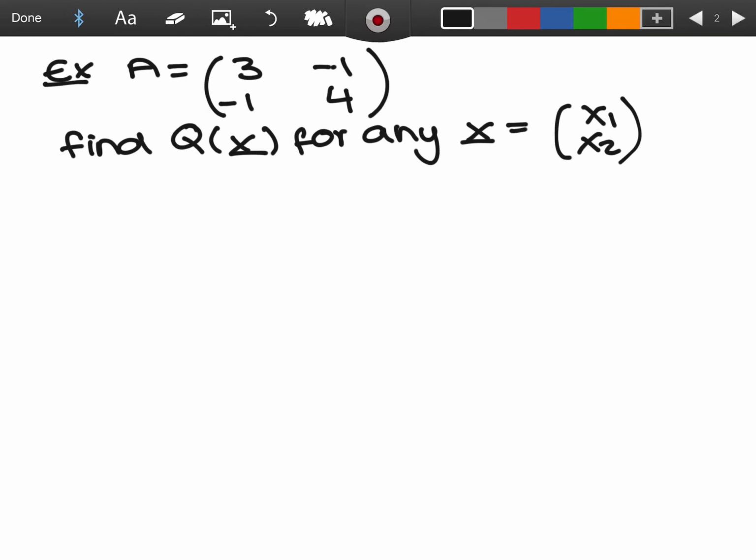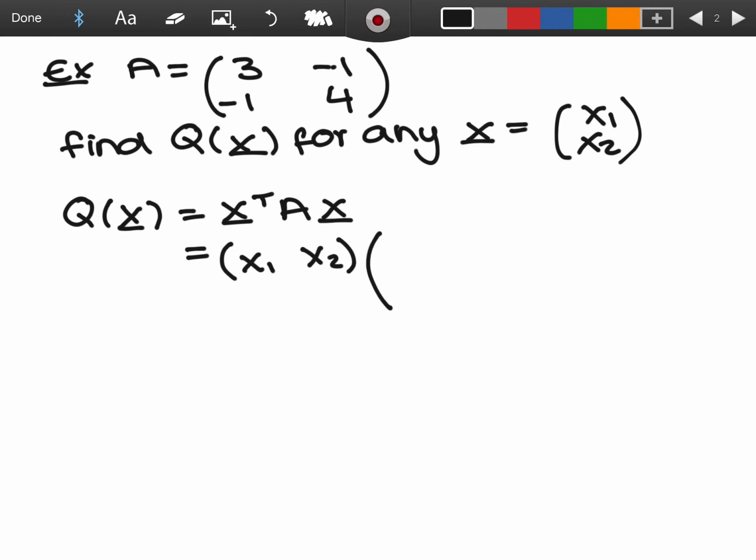I'm not looking at a particular value at a particular x vector. I'm just looking for a general form, okay. If I do this, I know that Q of x is going to be x transpose Ax. x transpose is the row vector x1, x2. A is going to be 3, negative 1, negative 1, 4. And then I've got x1, x2.